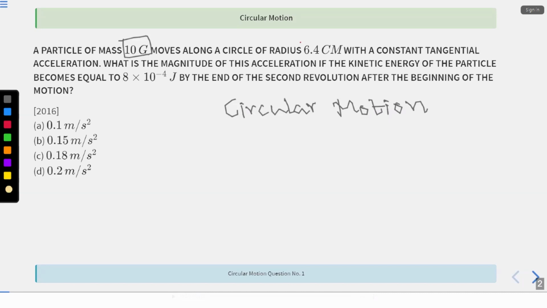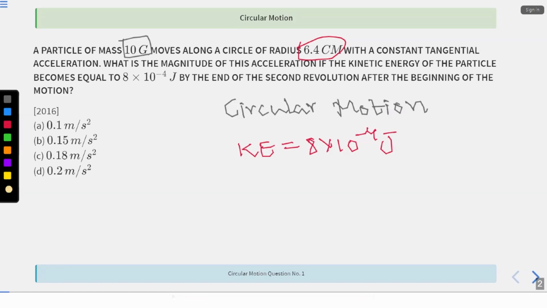And then we have the radius, and we've been given that the tangential acceleration is constant, okay? So what is the magnitude of the acceleration if the kinetic energy becomes equal to this? So kinetic energy, they are equating it to 8 into 10 to the power minus 4 joule. Okay, so how do we solve this?